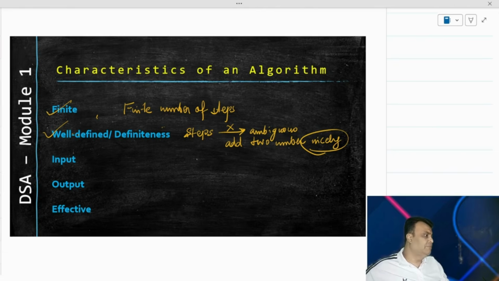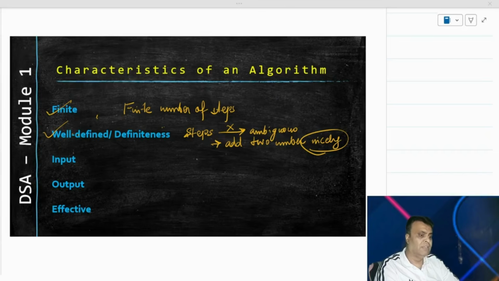So what does nicely mean? It could mean anything, right? So I'm not going to say that this is a proper way of classifying a particular algorithm as definite. That's something that I will not buy into.